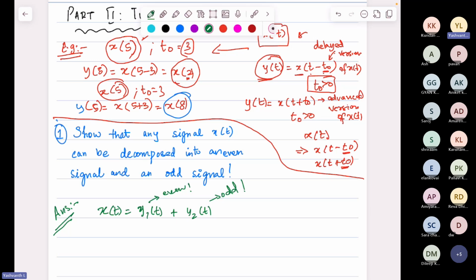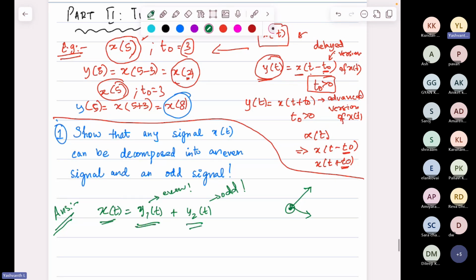Decomposition means there is something and you want to decompose it into two parts. So here you want to show that any signal can be written as a sum of an even signal and an odd signal. That is the meaning of the question.